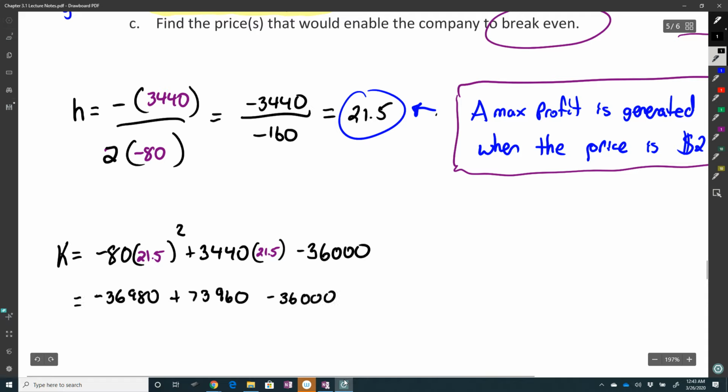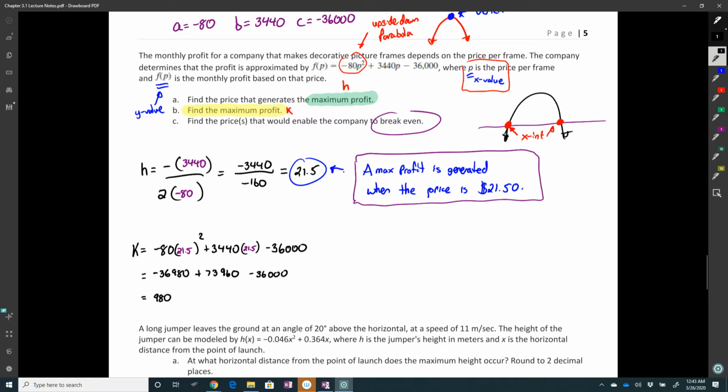So if I type all these numbers in my calculator, negative 36,980 plus 73,960 minus 36,000, I get 980. All right. And F of P is the monthly profit. So here, it's not in thousands or anything like that.